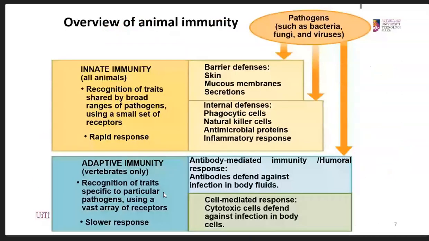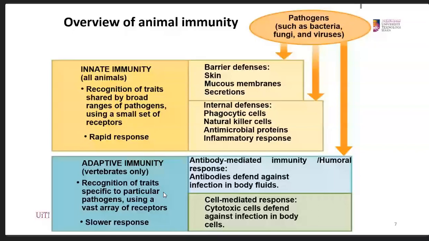Okay, so innate immunity, non-specific in all animals. So recognition of traits shared by a broad range of pathogen using a small set of receptors, and the response is rapid. So asalkan ada virus masuk, then this will be protected by the innate immunity. The response is rapid.